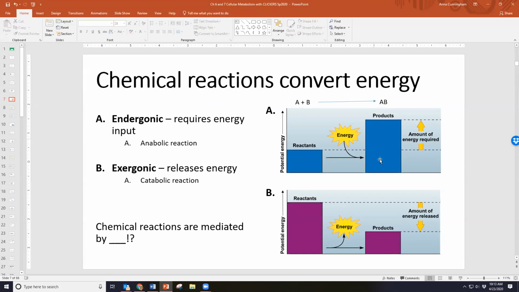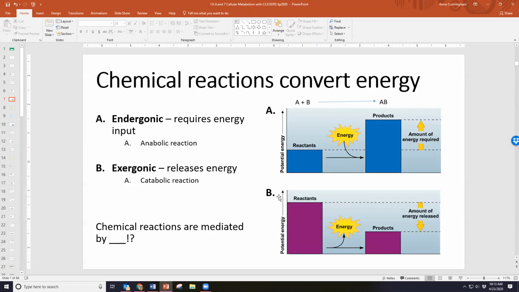And what that means is that our product, AB, bound by a bond, because we formed a bond, has more energy stored in it. So you can see with an endergonic reaction, because we put energy into that reaction, we go from low potential energy to an increase in potential energy. But of course, that does require energy, which is what we're putting in here.